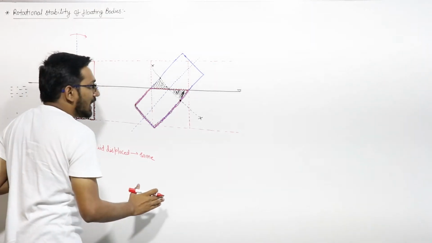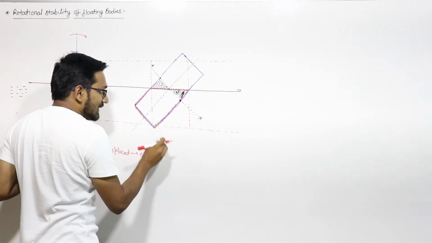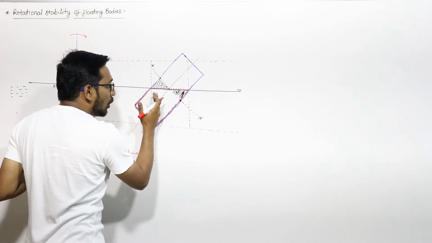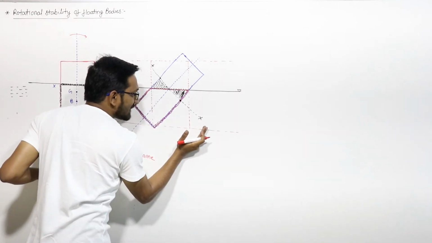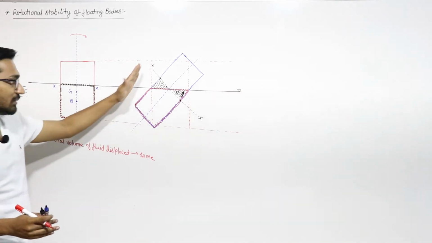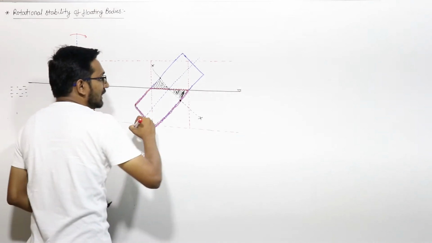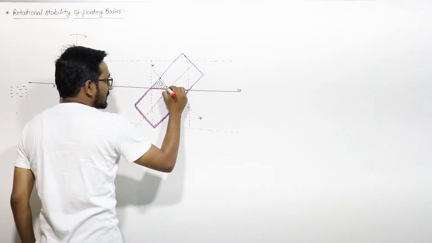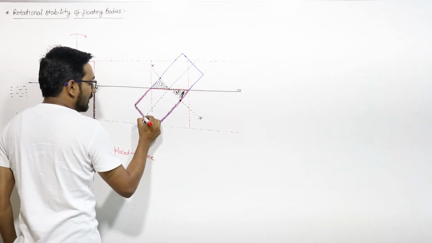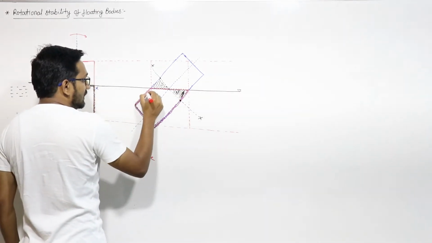Now the mass distribution of the fluid displaced is more towards the right side and less towards the left side, right? This body will tilt like this. So on the right side this much amount of fluid is displaced, and on the left side this much.